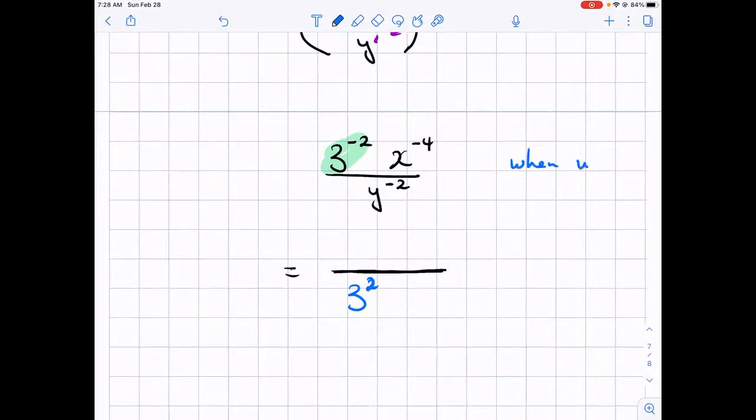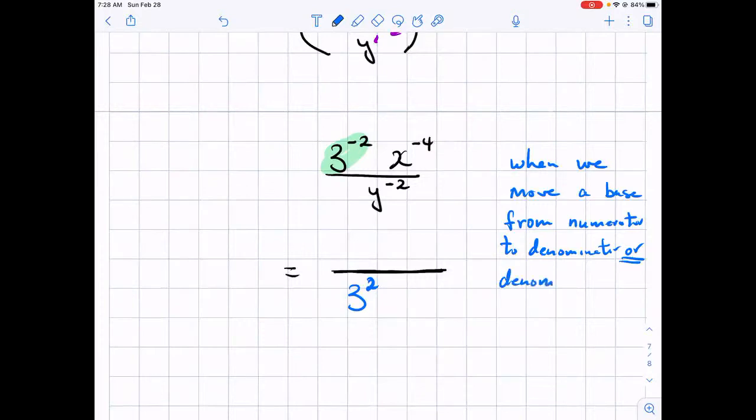When we move a base from numerator to denominator, or denominator to numerator, the sign of the power changes.